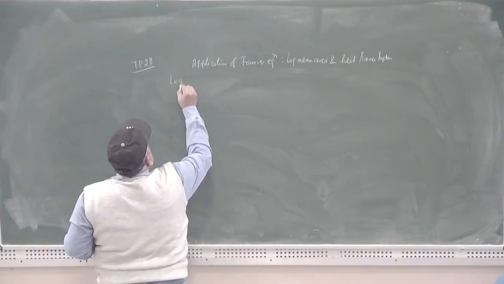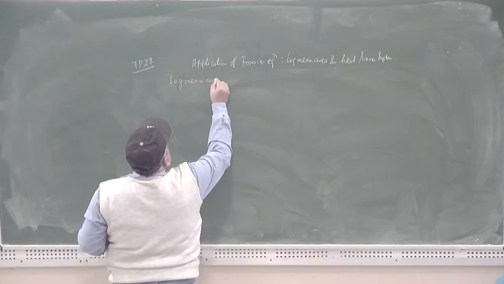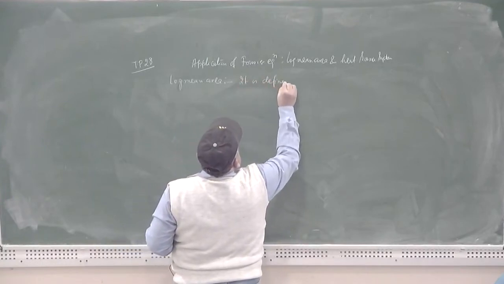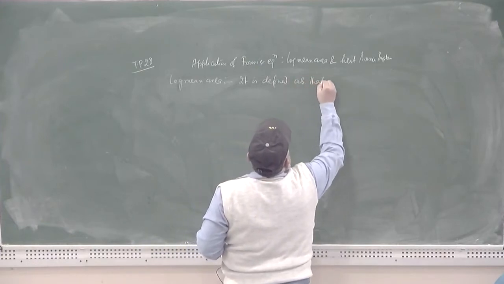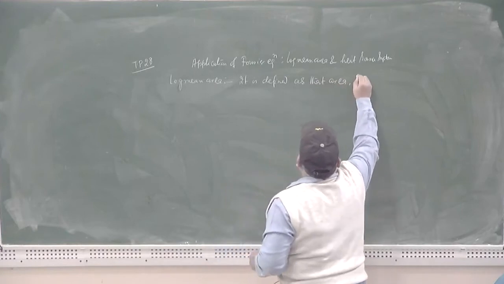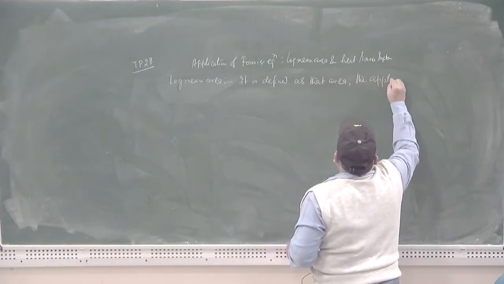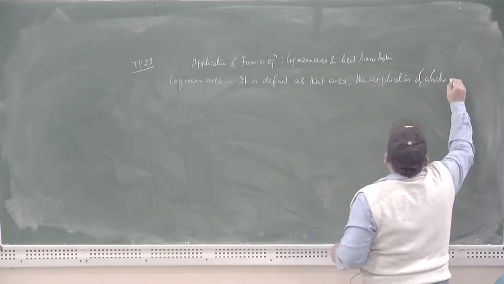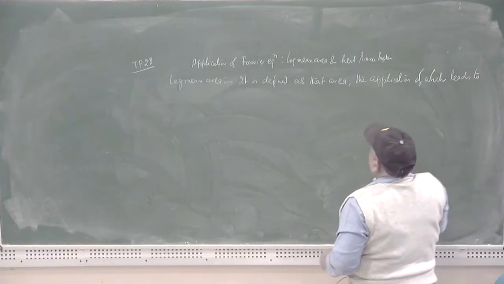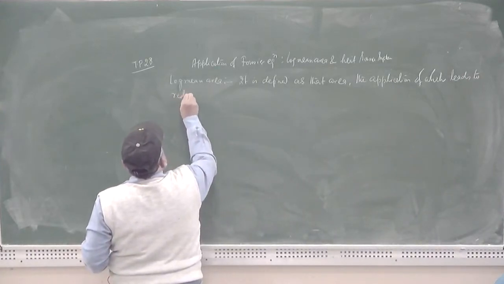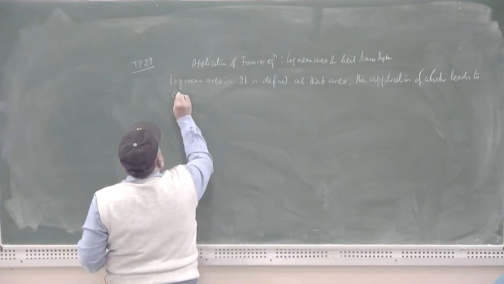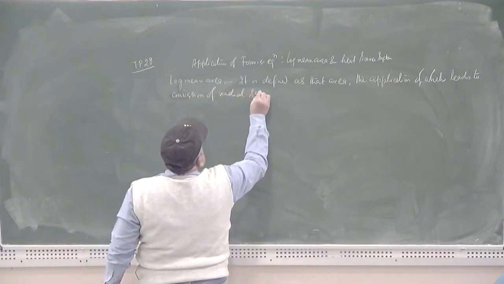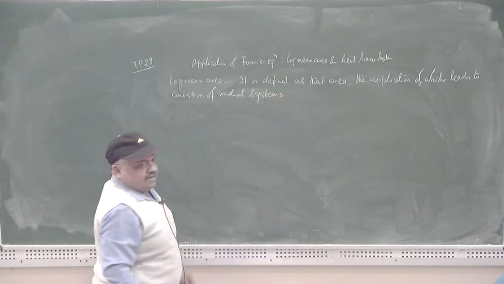So, this log mean area is defined as that area the application of which leads to conversion of radial systems into a plane wall system.